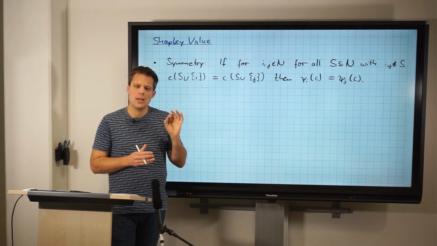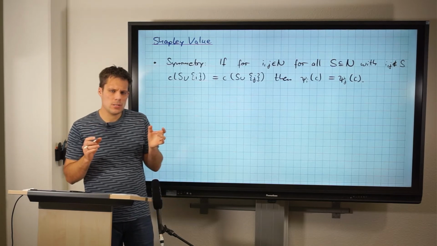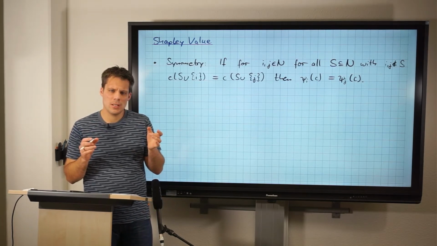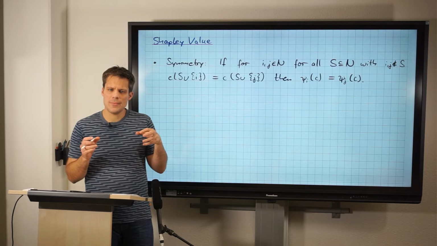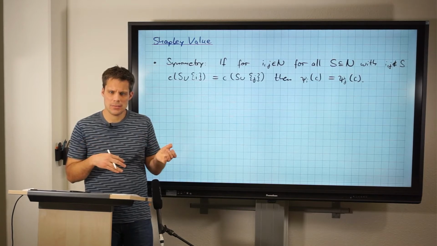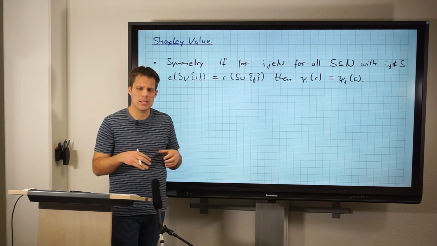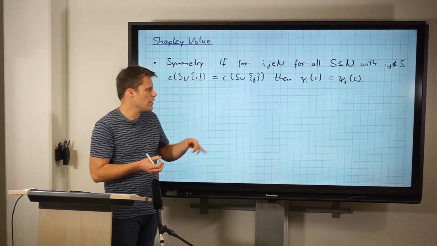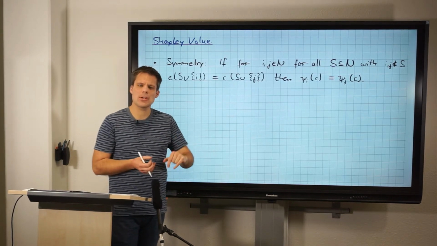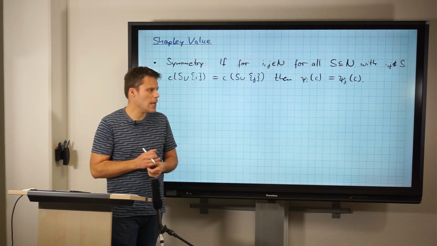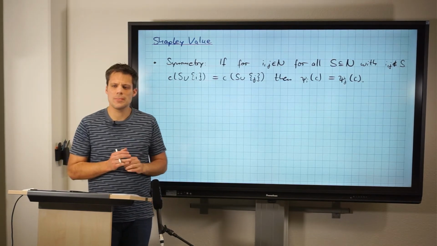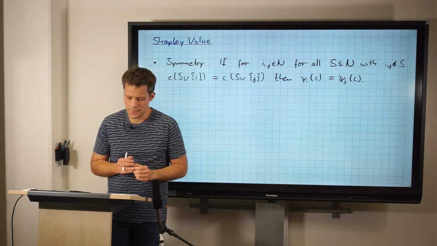So if two agents have the property that if we add them to any set that we might add them to, which contains neither of them before, then always the cost will be the same regardless of which of the two we add, then they should pay the same.